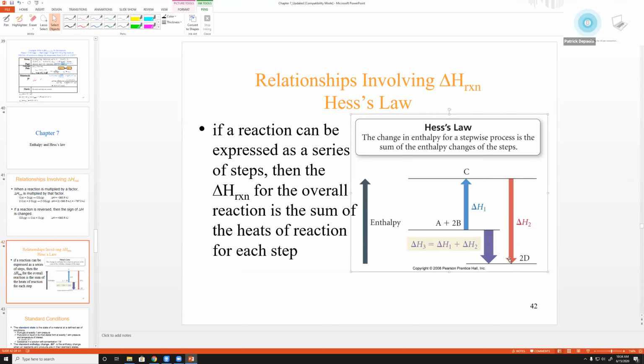The sum of both of those equations happening gives you a net change in enthalpy that is negative. In other words, these 2 equations are intermediates of the final reaction. If you add the enthalpies of those intermediates together, you get the enthalpy of the final reaction. So enthalpy 3 equals enthalpy 1 plus enthalpy 2.